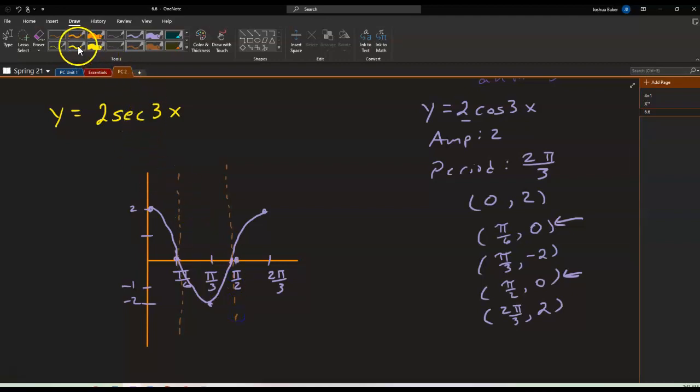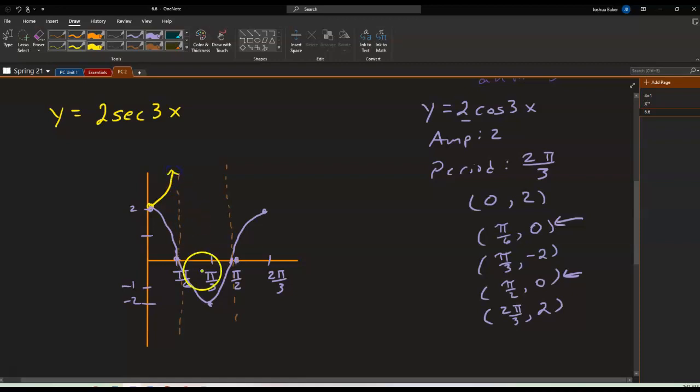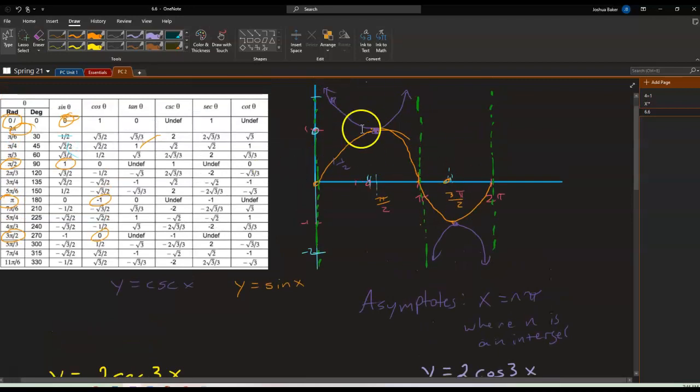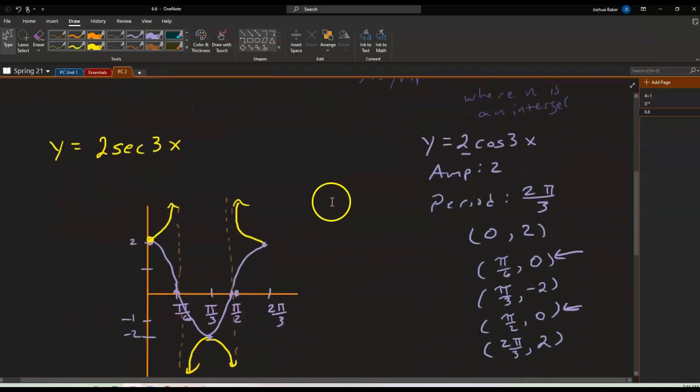Okay. Now if I want to graph this, I know that it's going to do this. It's going to do this. And it's going to do this. Using the knowledge that I created up here when I was doing the secant and the cosine function.